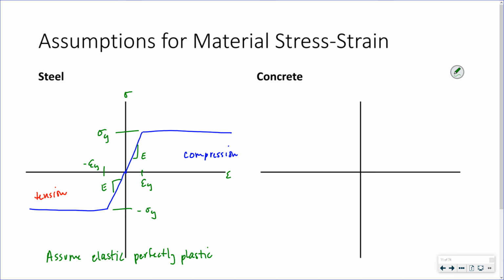And then once it hits that yield stress, it won't increase. You can apply as much strain as you want and the stress is not going to increase, which means it has yielded and is just holding its own there.